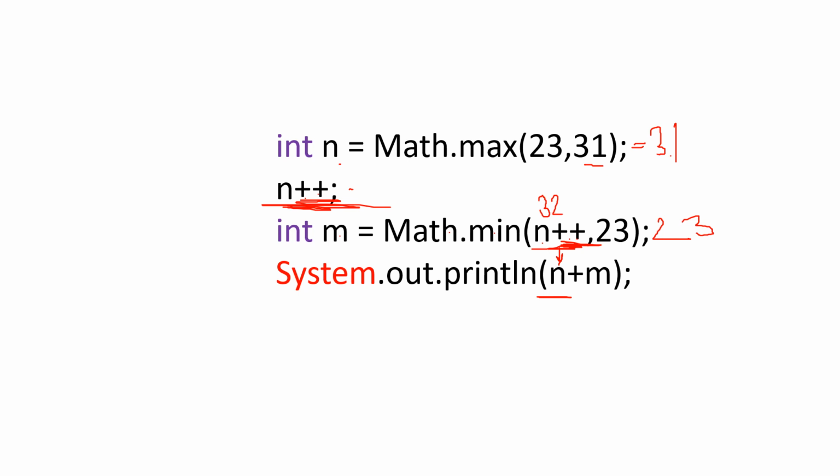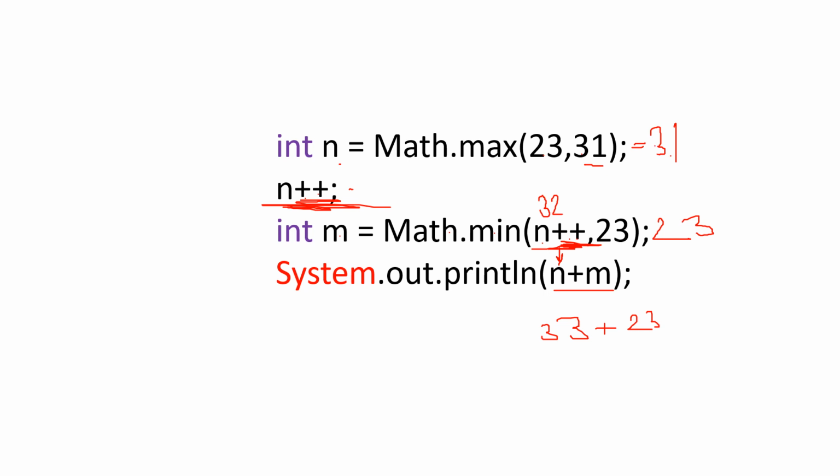Okay, so over here now is our print statement. So n plus m, so the value of n is now 33 and m is 23 as we have already found. Why did n come to 33? Well, let me tell you that n over here in the first line was 31 because we have to find the maximum value out of 23 and 31, so we got 31.